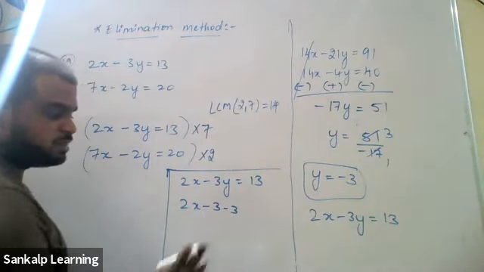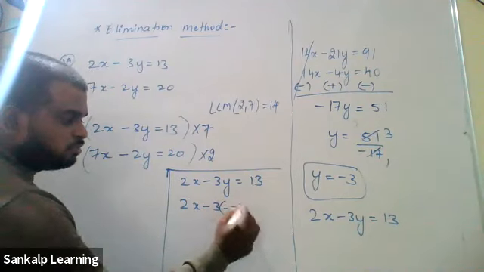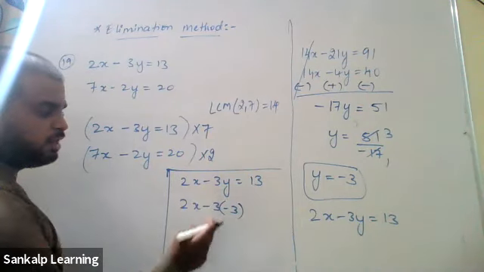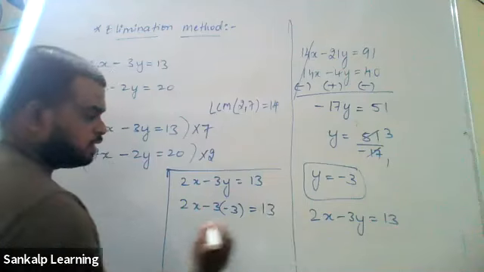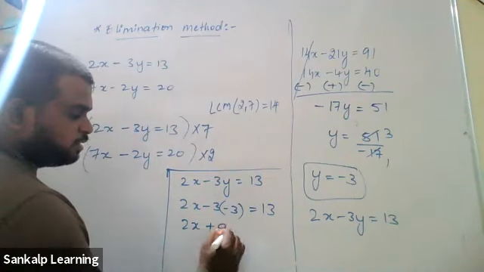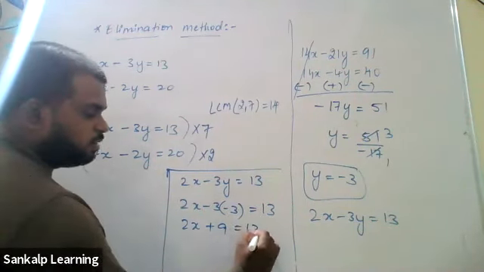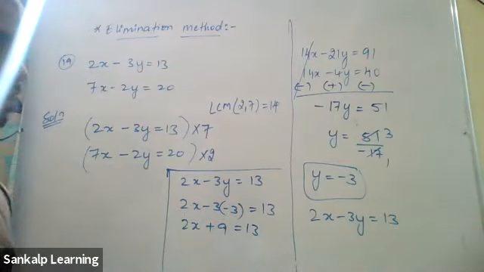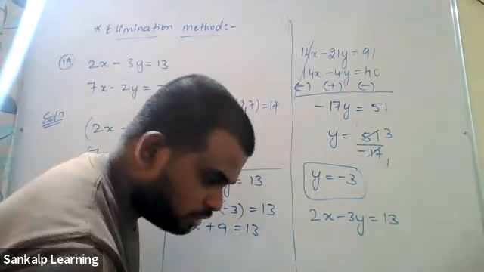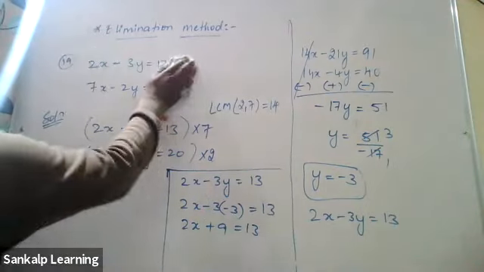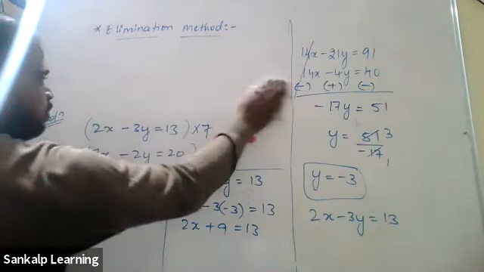Do not write minus 3 just like this. The meaning changes. It is 3 into y. So brackets are equal to 13. 2x plus 9. Minus 3 into minus 3 is plus 9 equal to 13. From here, I guess you can solve it. Okay, then I'll give one more question. People who have solved it can try out this.